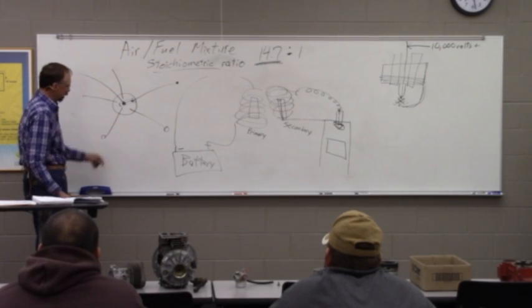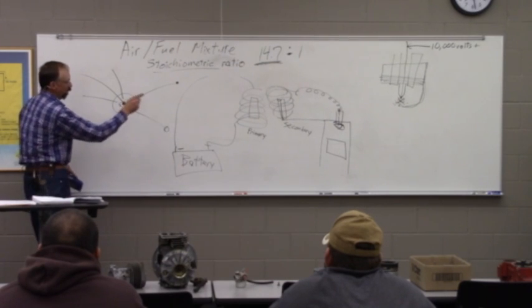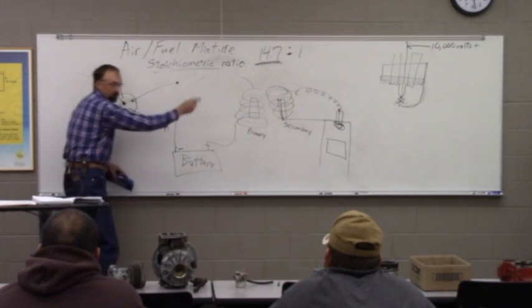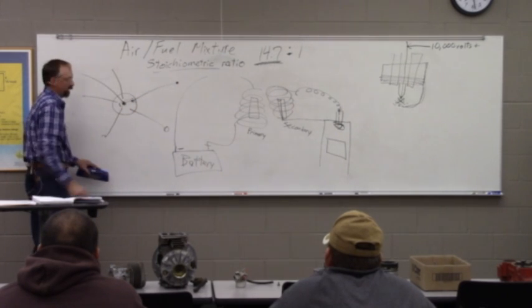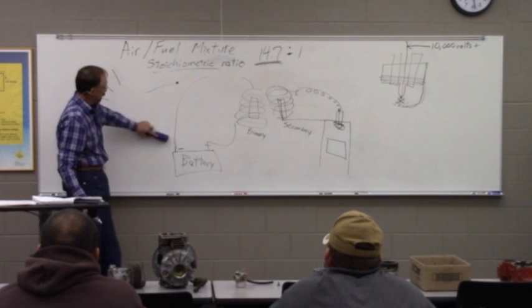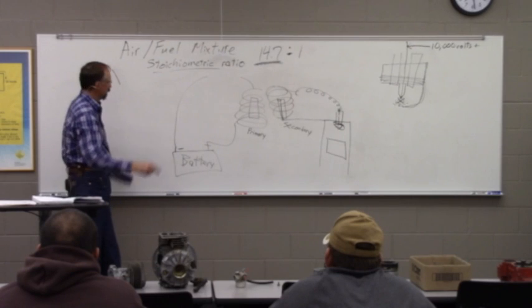What's typically done in most modern engines is instead of having one coil that makes the spark and connecting it to this distributor to send it to the right place at the right time, we're just putting a coil on top of each spark plug.